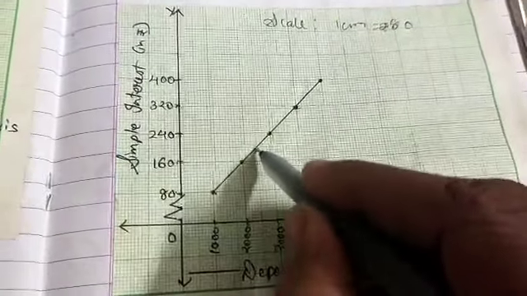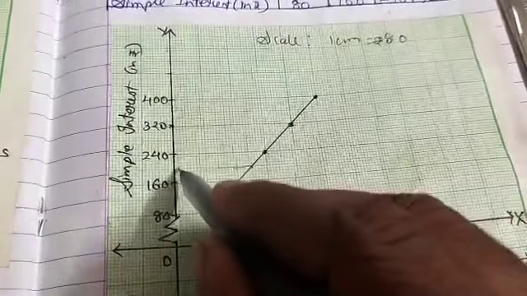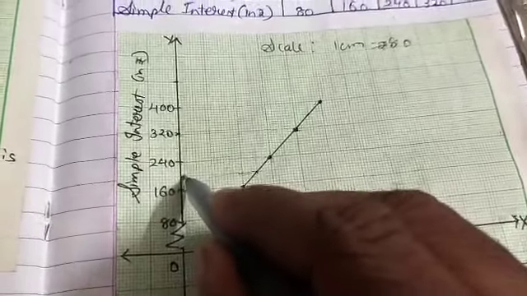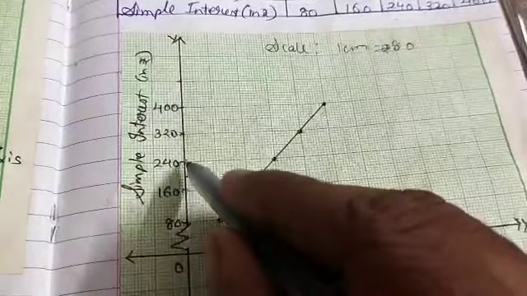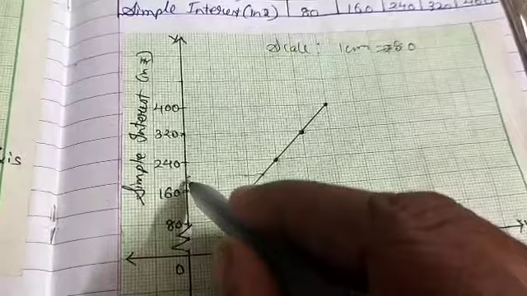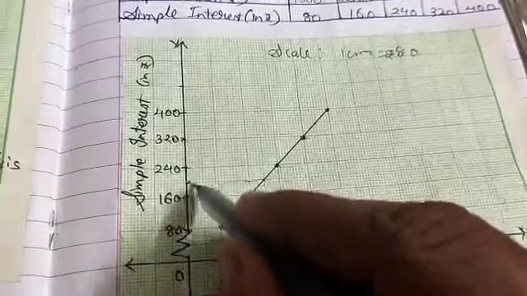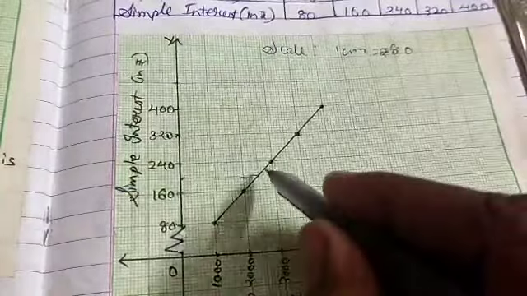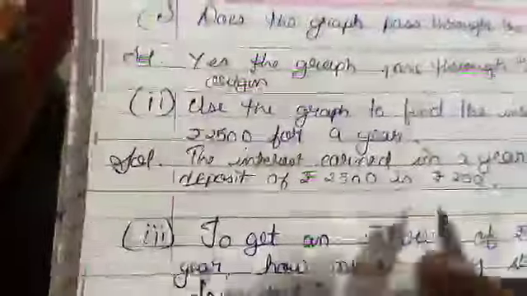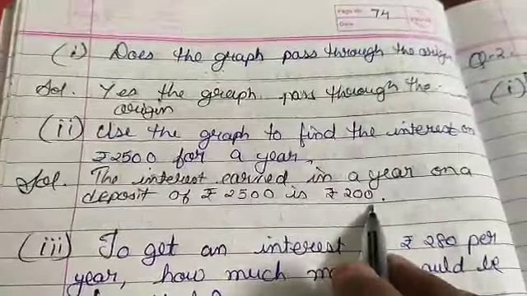Wherever it intersects, watch it on the y-axis. Wherever it meets, that is your interest amount. So between 160 and 240, it will be how much? That is 200. So we can say that on a deposit of 2500, the simple interest is 200. Write it over here: the interest earned in a year on a deposit of 2500 is rupees 200.